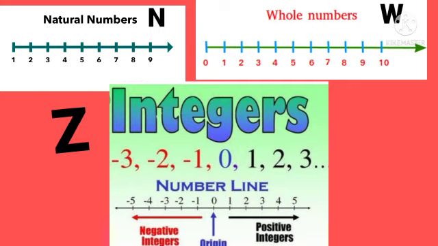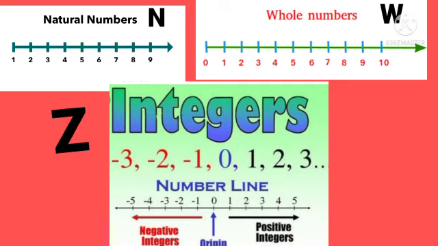infinity. So what is the smallest natural number? It is 1. 1 is the smallest natural number. There is no largest natural number. Why? Because the set of natural numbers starts from 1 to infinity. What is the difference between each two consecutive natural numbers?